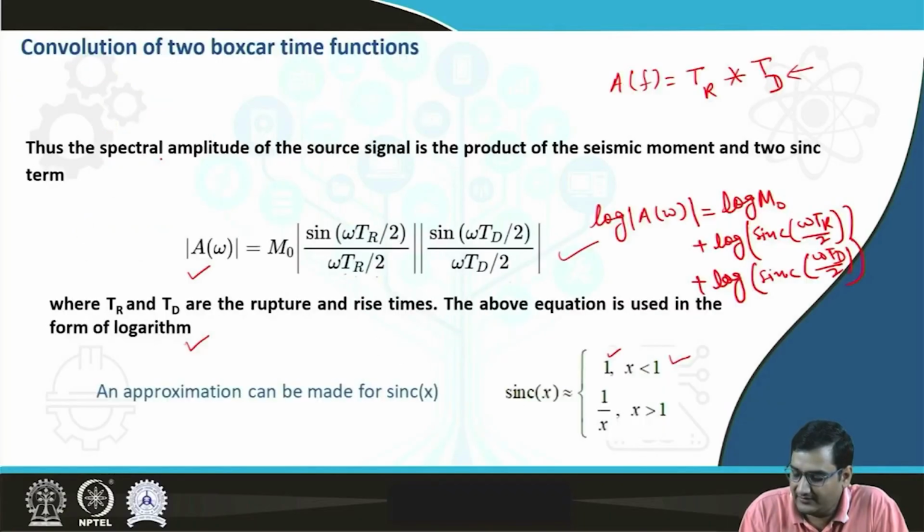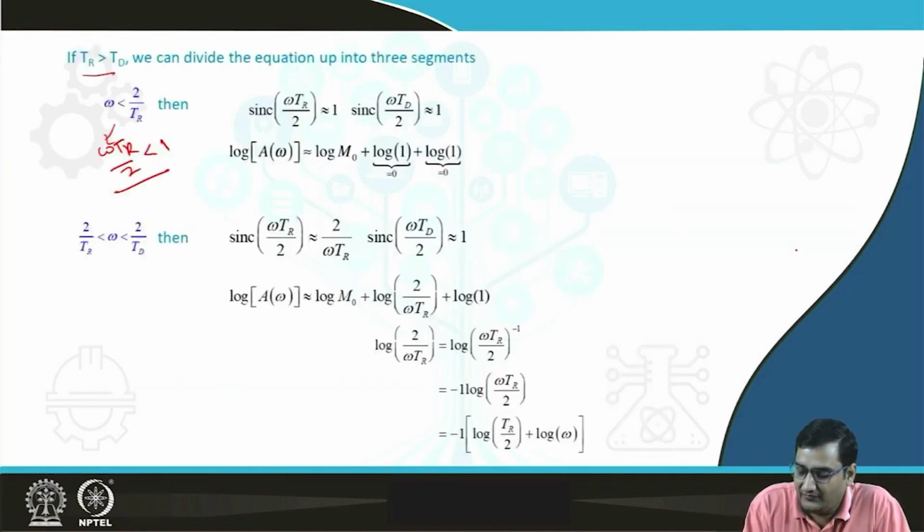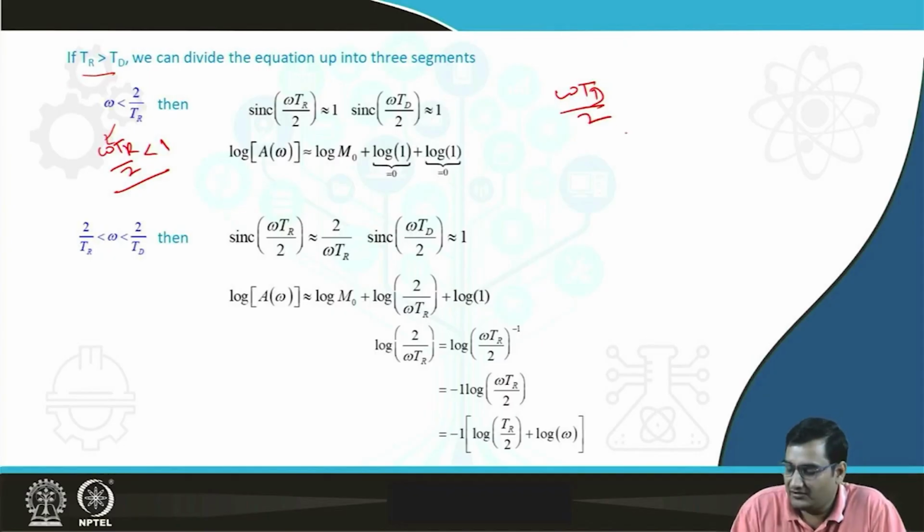So in that case, this particular term omega TR by 2 is less than 1, so this will become 1. Likewise, if you consider omega TD by 2, since we know TD is even less than TR, this omega TD by 2 will also be less than 1.